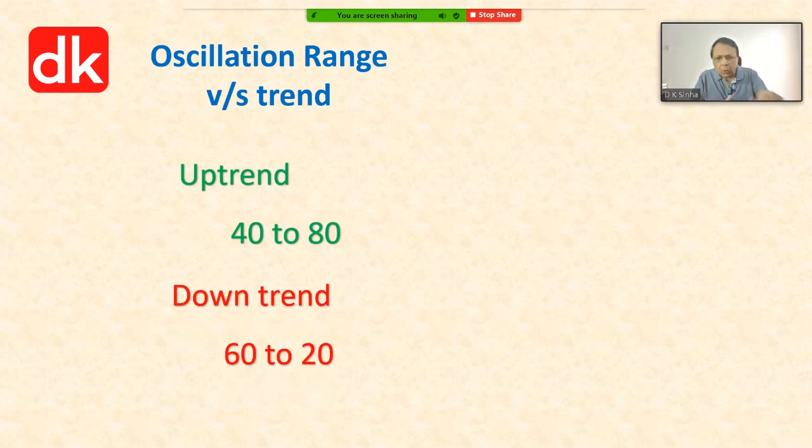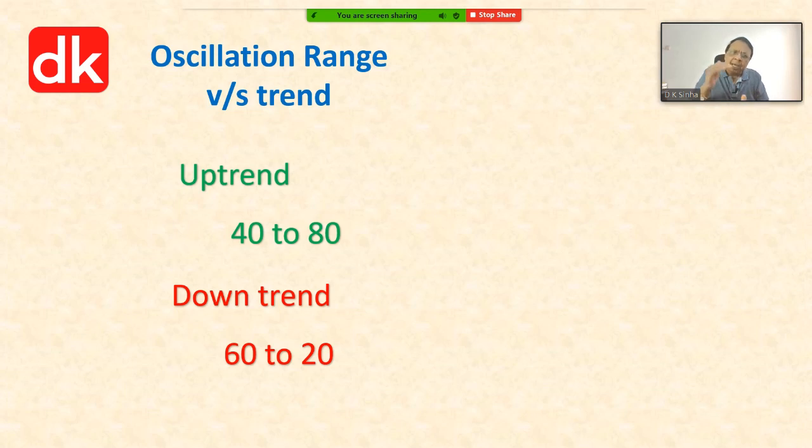And in a downtrend market, the range would be 60 to 20. It means there is a higher degree of momentum on the downside. So RSI will have a tendency to go below 40 and may extend up to 20, while pullbacks take place in a downtrending market in the markdown phase.